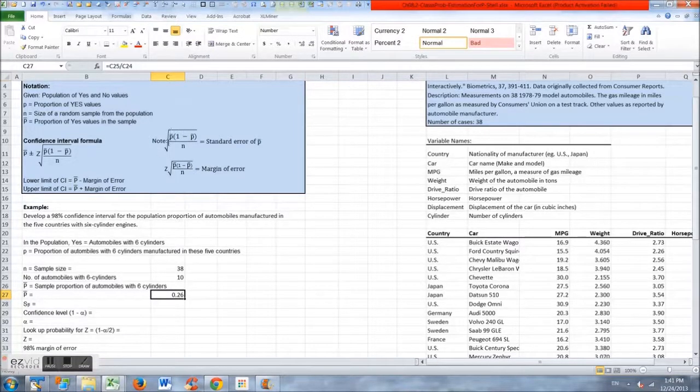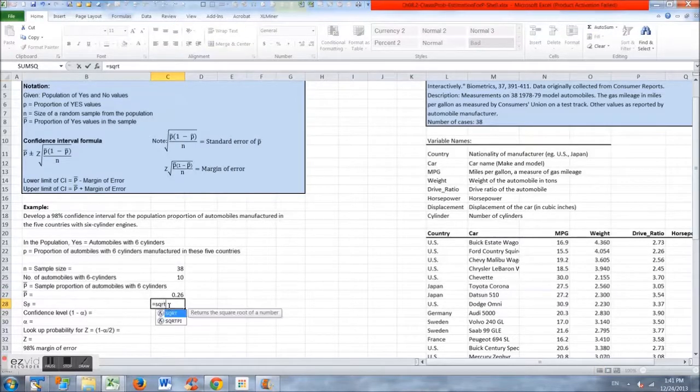So that is the square root of, we have a function called SQRT in Excel, then p bar times 1 minus p bar. That 1 minus p bar should be in brackets, divided by sample size n. This is our standard error.